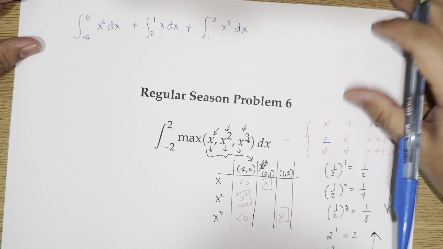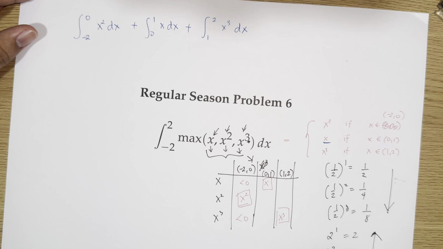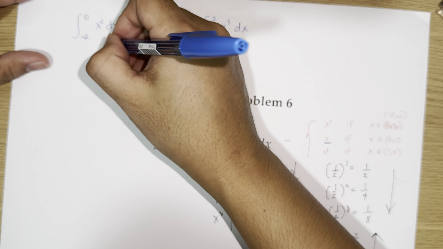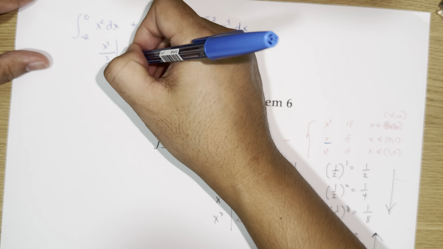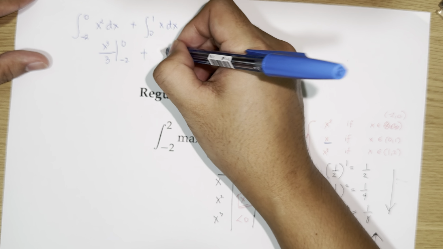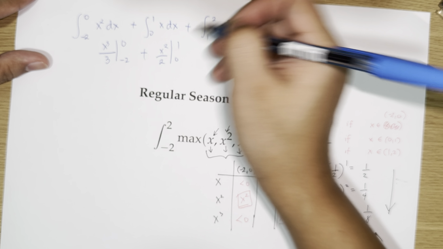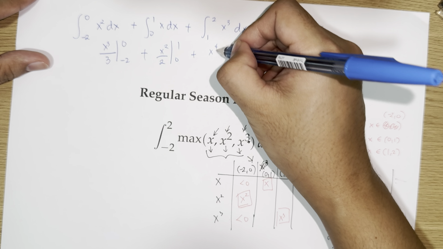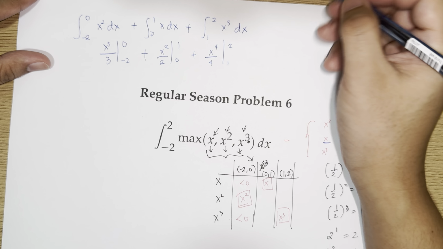Okay. So these are just polynomial functions, so they should be easy to evaluate. So x cubed over 3 from negative 2 to 0, x squared over 2 from 0 to 1, plus x to the 4th over 4 from 1 to 2.